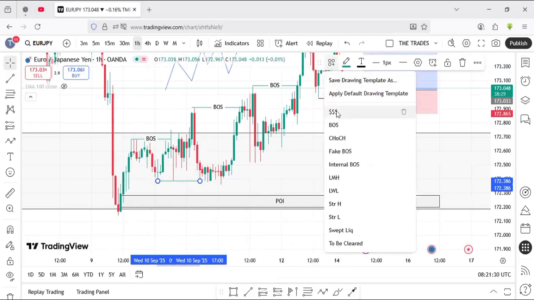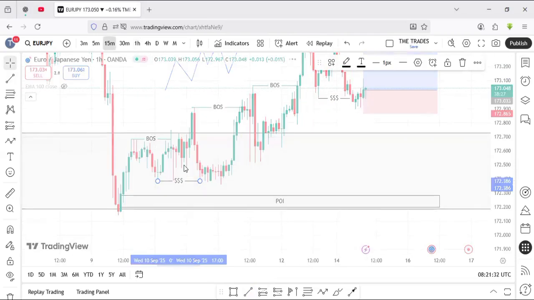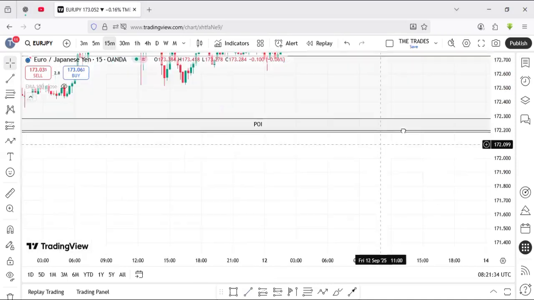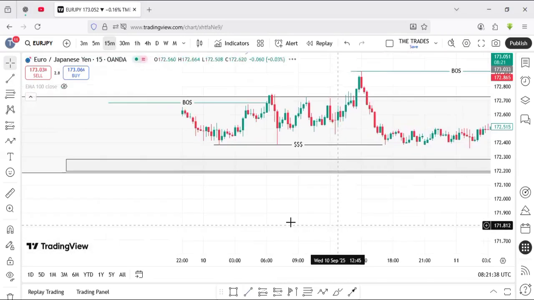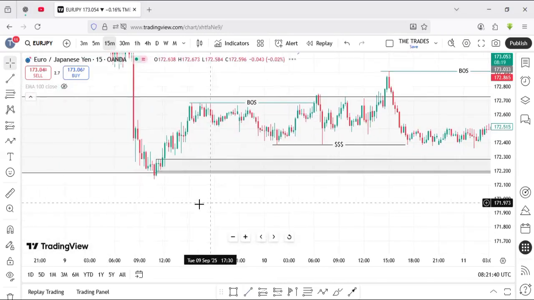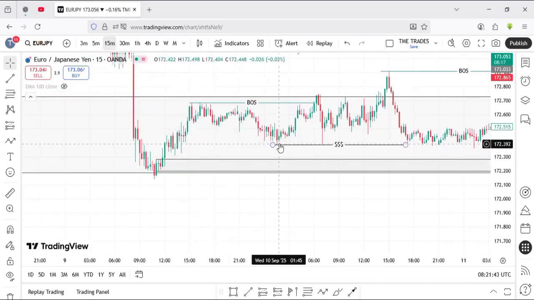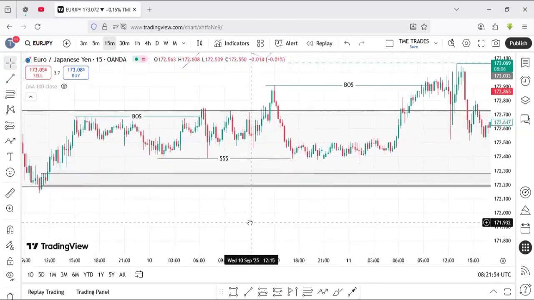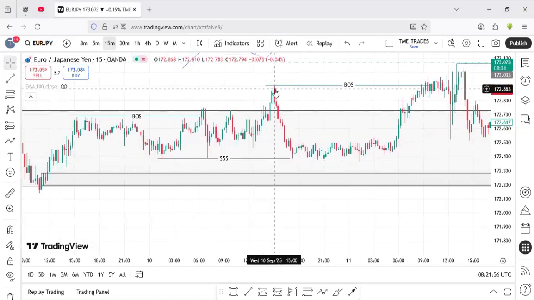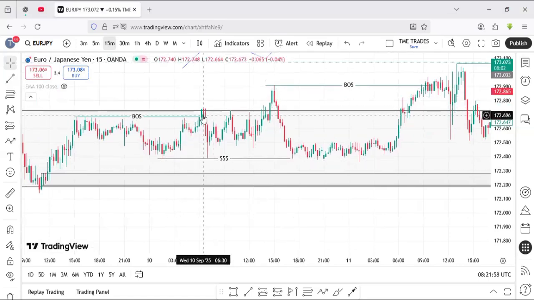Okay, let's quickly go to 15 minutes to have a better picture of what we are talking about. Now, as you can see, look at it there. Created this high, had this low. Now created a little high. Do you see it? Now giving us this low, and after the market created this high that broke above this, then what happened?